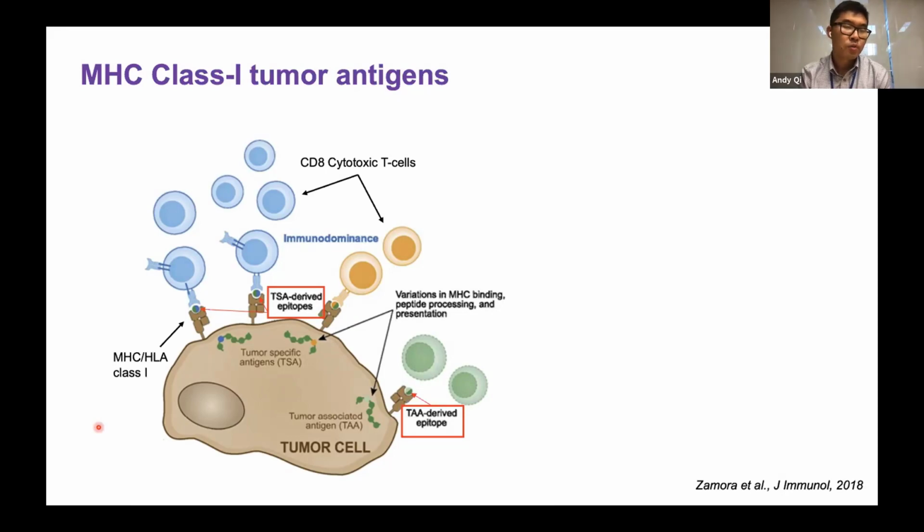MHC class 1 has shorter epitopes, typically 8-mer to 13-mer or 14-mer. The epitope has to be processed endogenously, presented by the MHC class 1 molecule, and recognized by the CD8 T cell. Hopefully some T cell receptor can recognize the epitope and eventually eliminate the tumor cell.